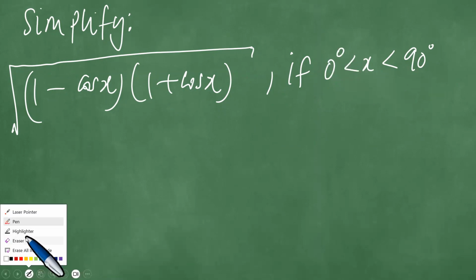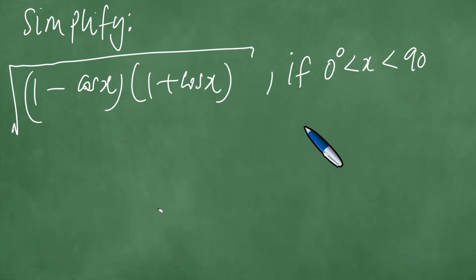To simplify this, when I show the simplification, the question is in white and the solution is going to be in yellow.